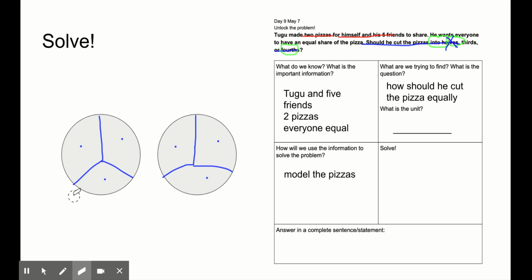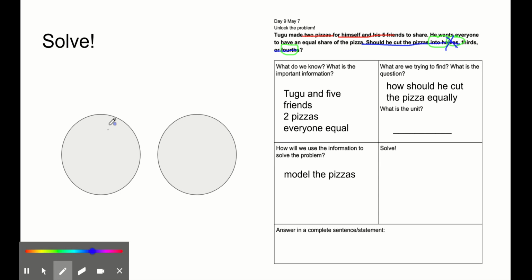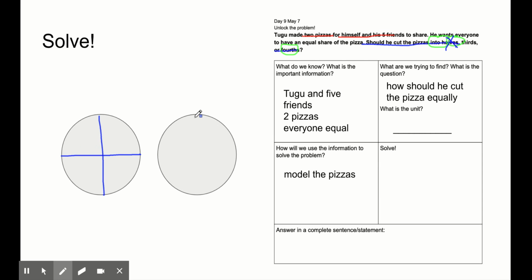Let's check to make sure that it's not fourths. I'm going to cut each pizza into fourths.